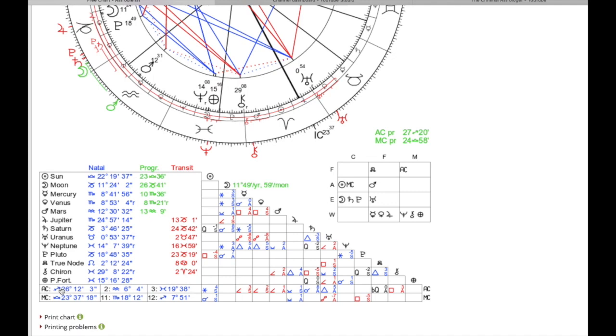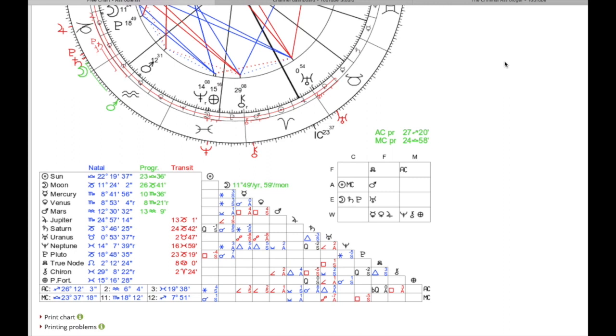So opposite the ascendant is the 7th house, opposite the second is the 8th house, opposite the third is the 9th house, opposite the MC is the 4th house, opposite the 11th house is the 5th house, and opposite the 12th house is the 6th house. So it tells us every single degree.